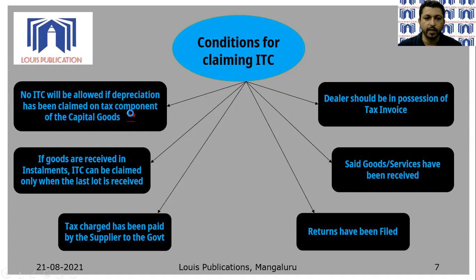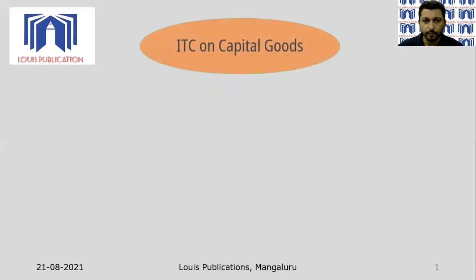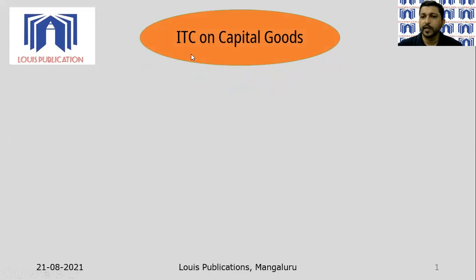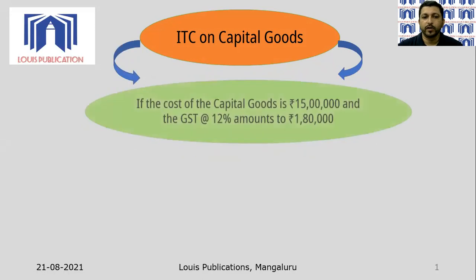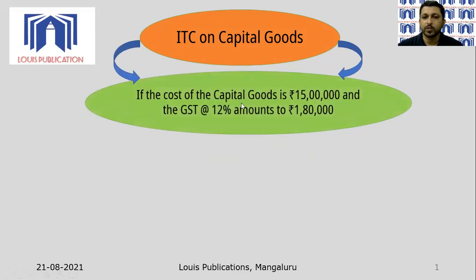Let's understand this with the help of an example. Say input tax credit on capital goods. As I mentioned, capital goods are nothing but assets which will be used in manufacture of items, goods. So now, very important, let's take an example. If the cost of capital goods is 15 lakh and the GST is 12%, it amounts to 1,80,000. 12% of the taxable value or transaction value, 15 lakh, works out to 1,80,000.